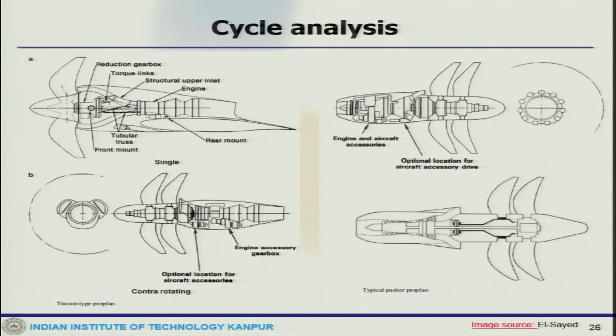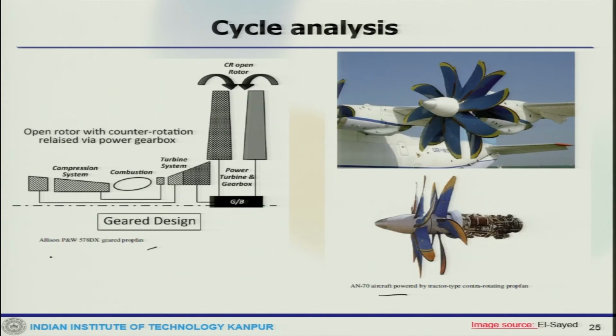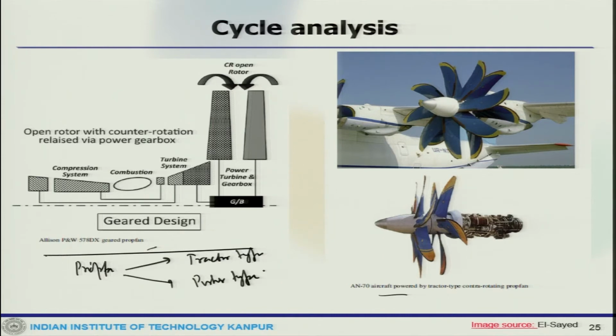So, typically if you look at the classification of the propeller fan, there are 2 different types. One is the tractor type. If I look at the prop fan, there could be tractor type or it could be pusher type. These are the 2 different categories which are possible.